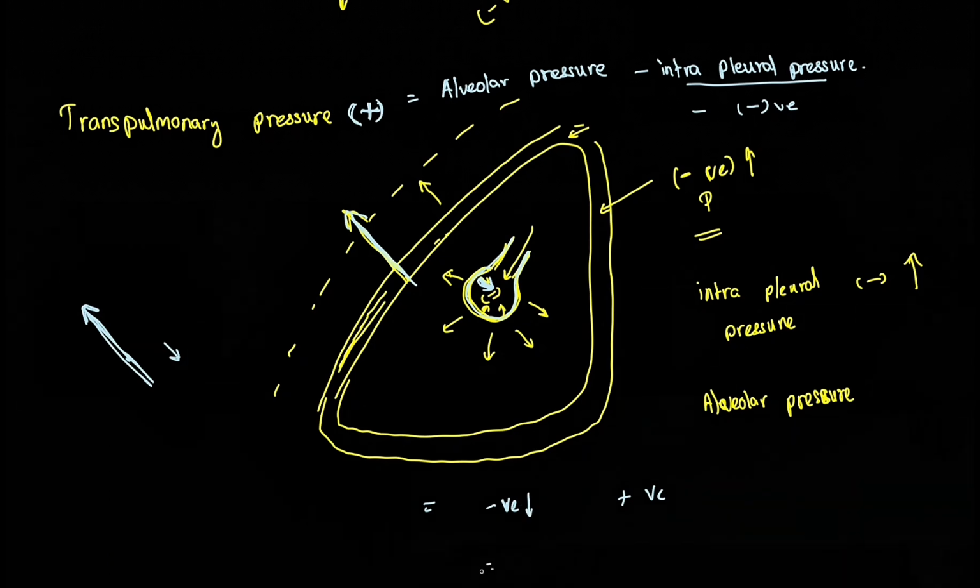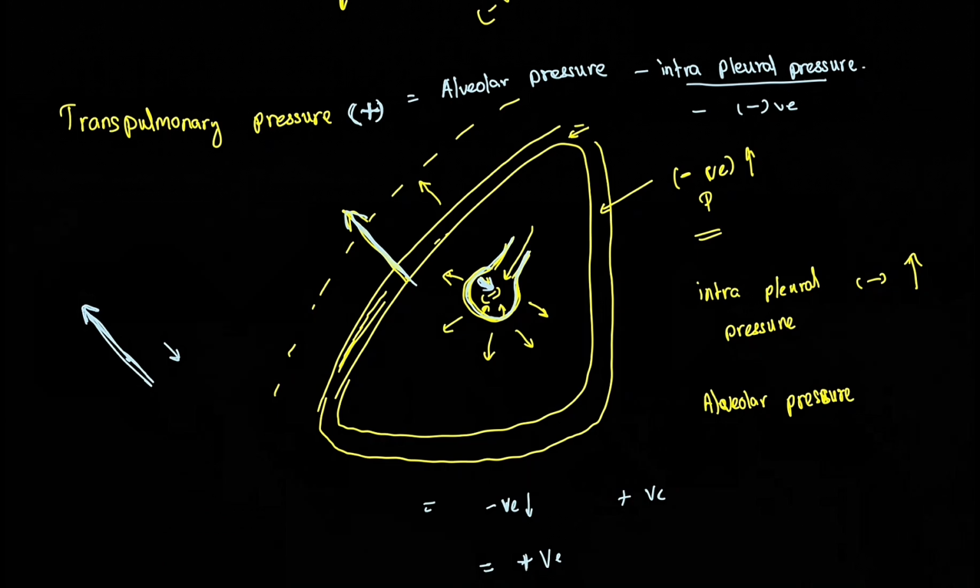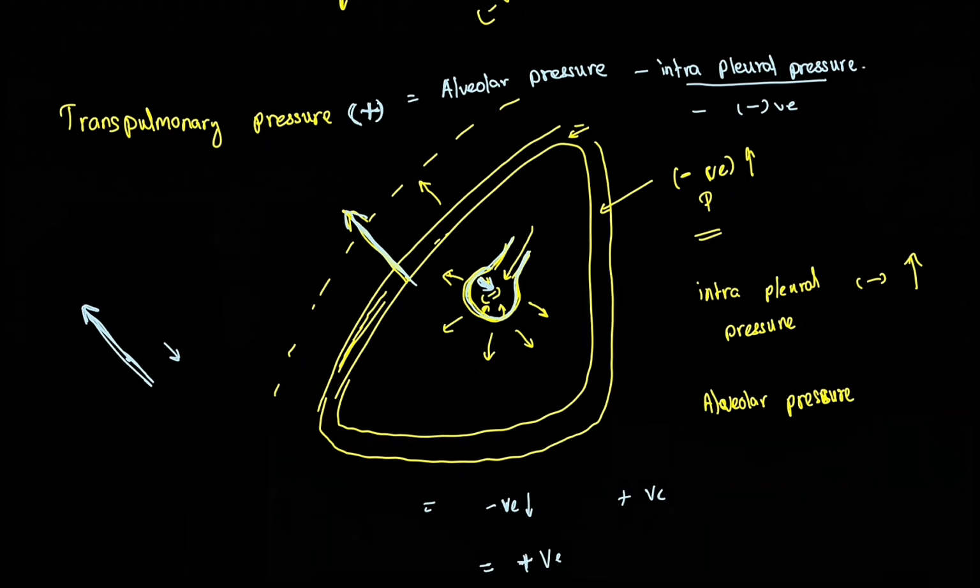So the transpulmonary pressure is most commonly positive. Let me talk about the graph.